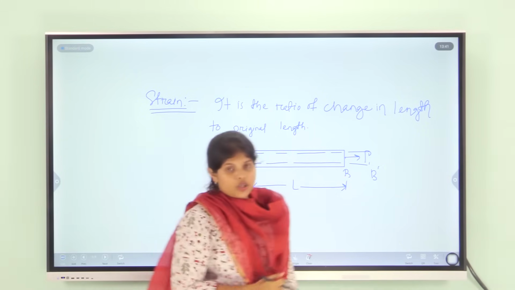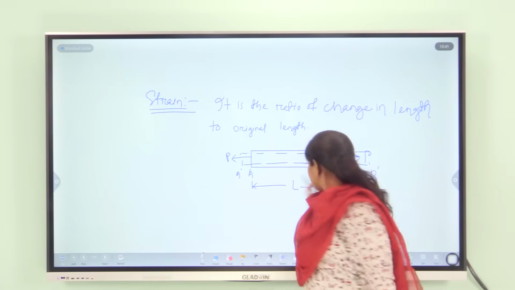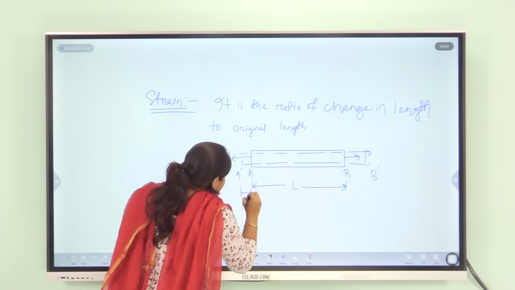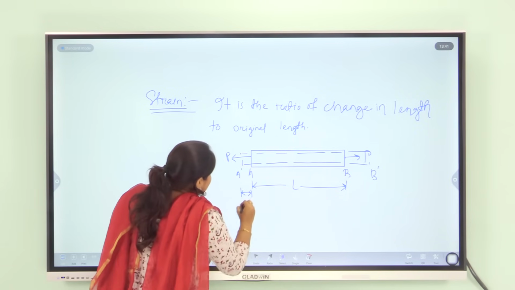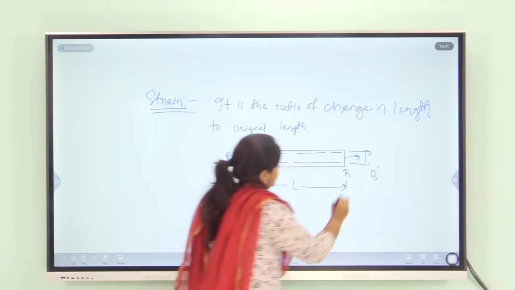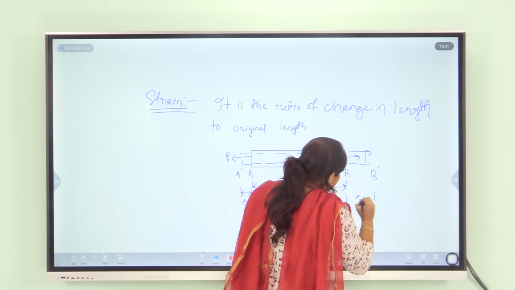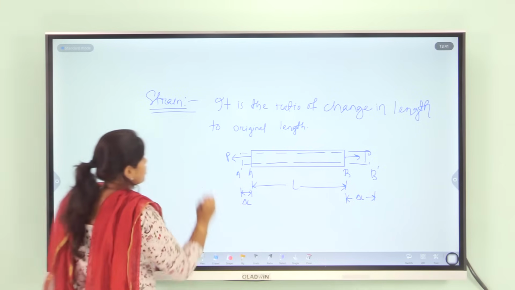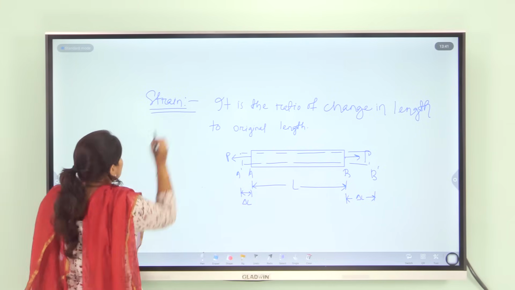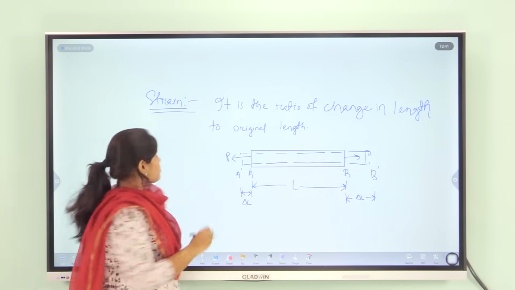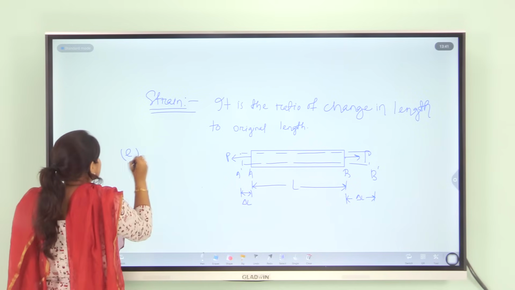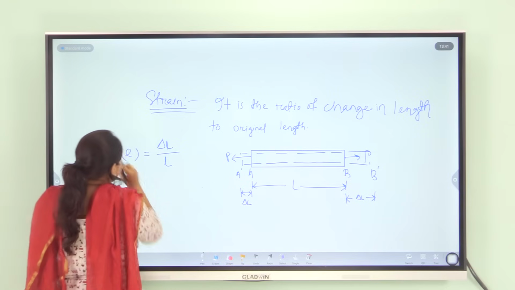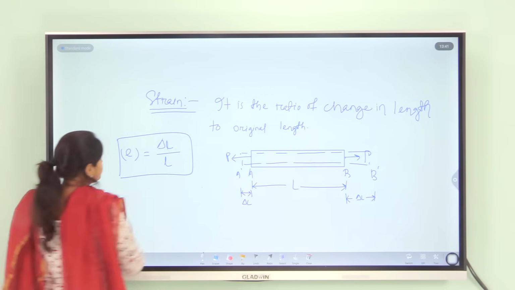Elongation occurs, so A becomes A dash and B becomes B dash. This is the change in length, delta L, also B to B dash is delta L. So, the formula will be: strain is denoted by small e, and small e is equal to delta L upon L.